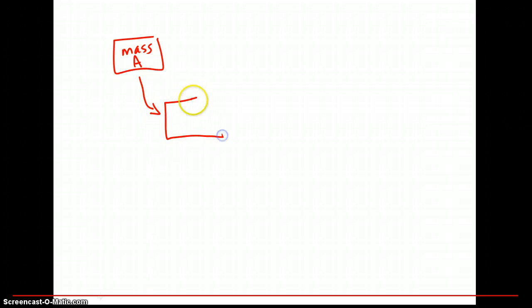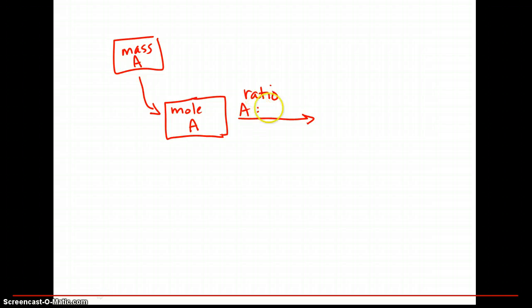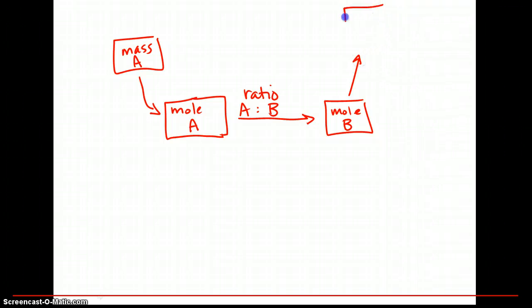So you have your mass here of A, and that's going to then need to be converted to moles of A. Once you have the moles of A, you get the ratio of A to B. So that will get you your moles of B. And from moles of B, you can figure out your mass of B.